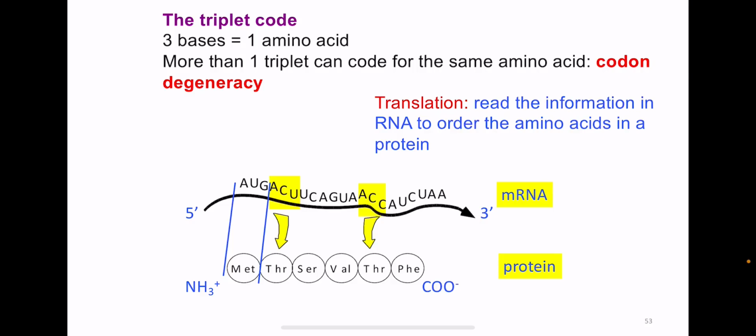But all of them have to code for something, and that's where the degeneracy comes in. Different codons can code for a single amino acid. That's what we call codon degeneracy: multiple codons coding for the same amino acid.